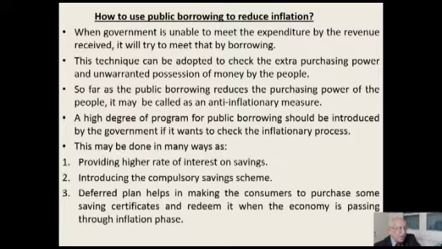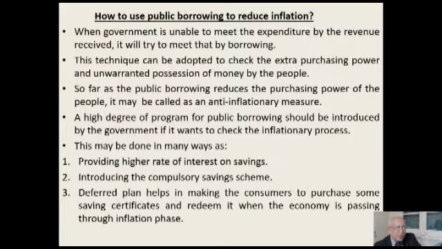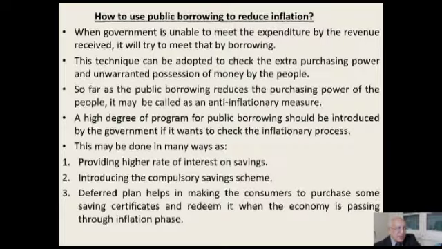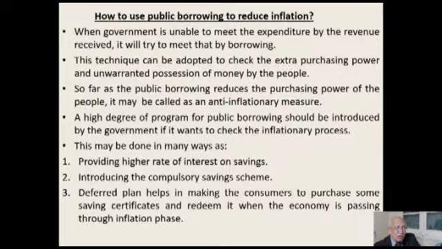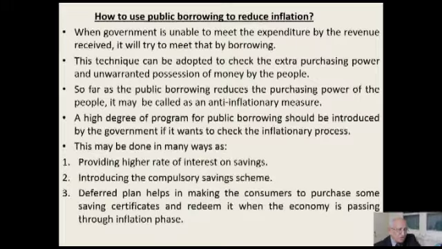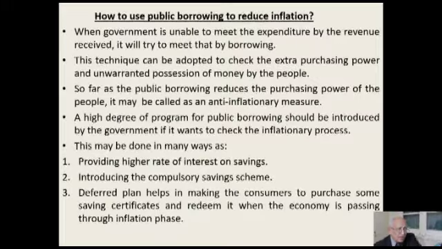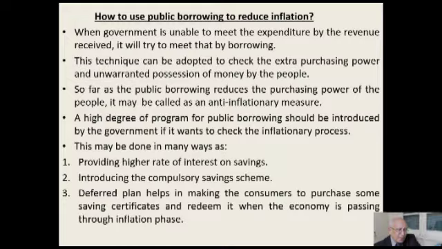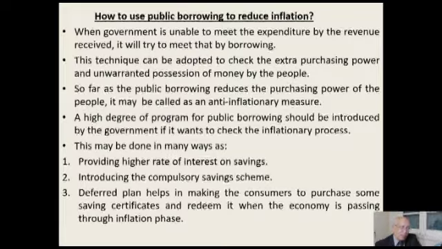Number 3, a deferred plan helps in making consumers purchase some saving certificates and redeem them when the economy is passing through an inflationary phase. Number 3 means that government encourages consumers to buy certificates and then redeem them when the economy is passing through an inflationary phase.